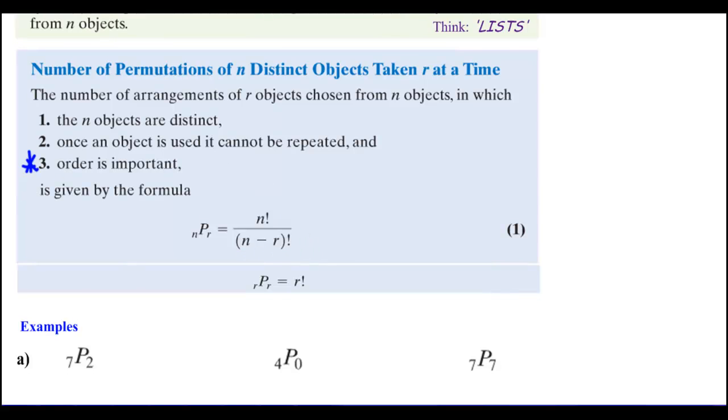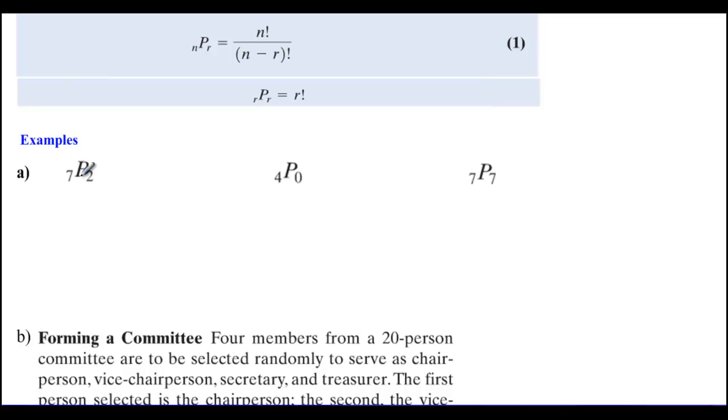So let's jump in right quick. If we had 7 people and we wanted to figure out all the ways that we could pick 2 people, where maybe the first person gets $100 and the second person gets $50, so where the order would matter, we're going to have 7 factorial over 7 minus 2 factorial. Well, 7 factorial is 7 times 6 times 5 times 4 times 3 times 2 times 1.